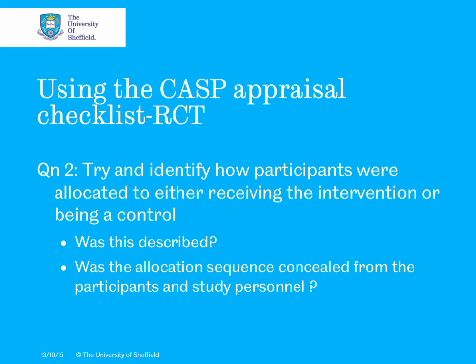We'll discuss that, which is called blinding, a little bit later in this tutorial. So when answering question 2, look in the method section to see whether the paper describes how participants were allocated. Typically a good paper describes this in more detail in the method.